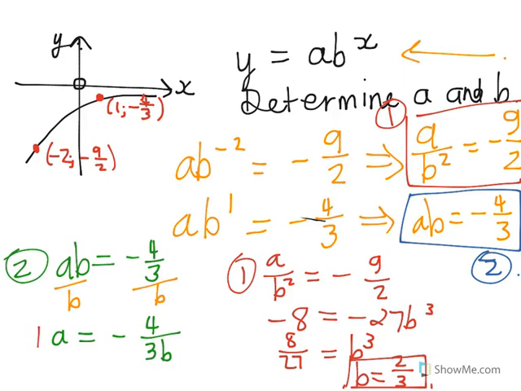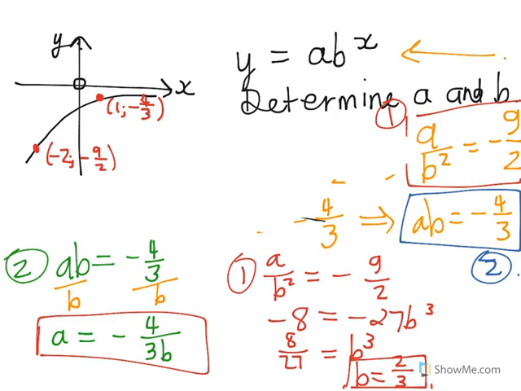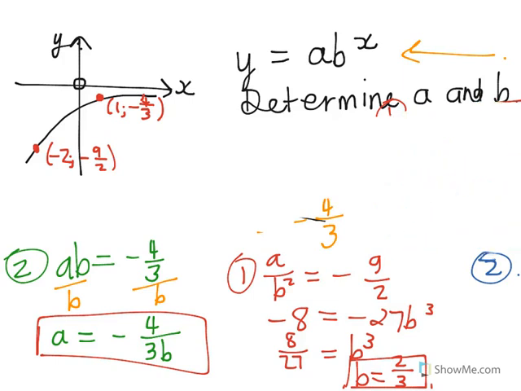Since we know that a is equal to negative 4 over 3b, we're just going to sub that in there. I find that the easiest to use because a is already isolated in that equation, though of course you could use either of the other two equations that we started out with.